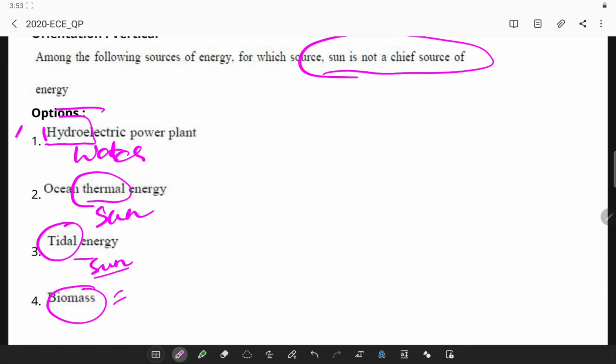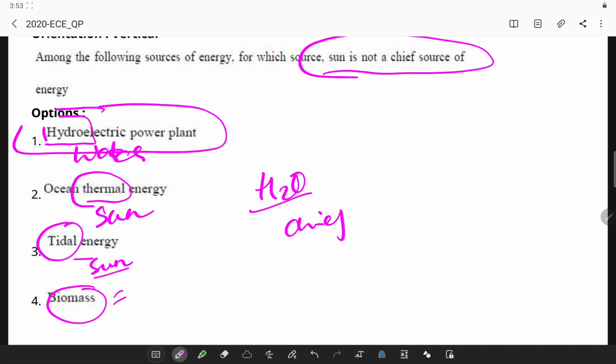So simply by seeing this keyword, we have also had a similar question previously. So remember, whenever there is hydro, it is water. So water is the chief source in this case in hydroelectric power plants.